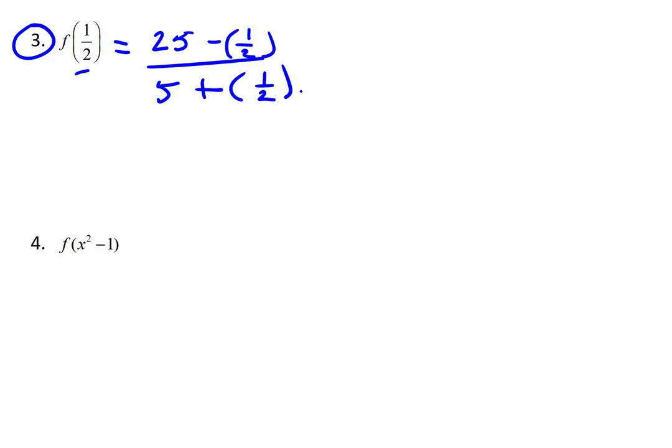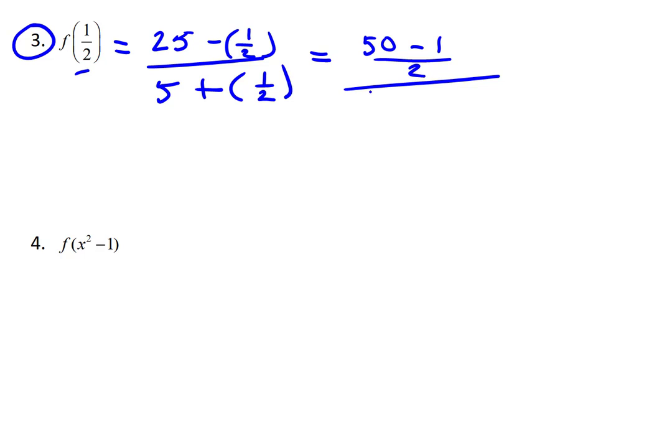So this, of course, is some annoying fractions, but we can handle this probably with a least common denominator for each of these expressions. If I do that for the numerator, 25 minus 1/2 is really 50 over 2 minus 1 over 2, or just 50 minus 1 over 2.